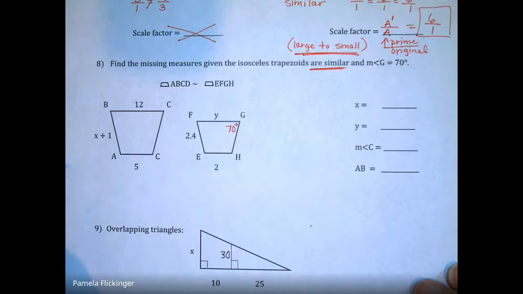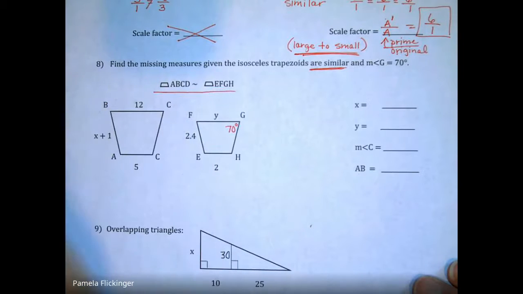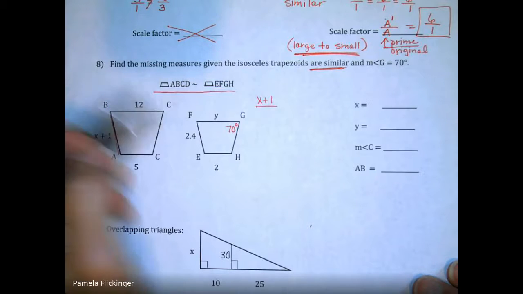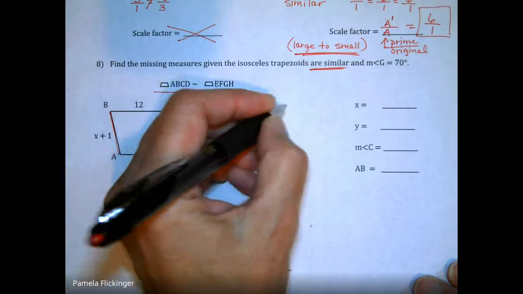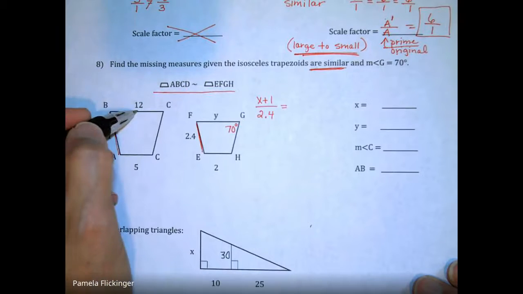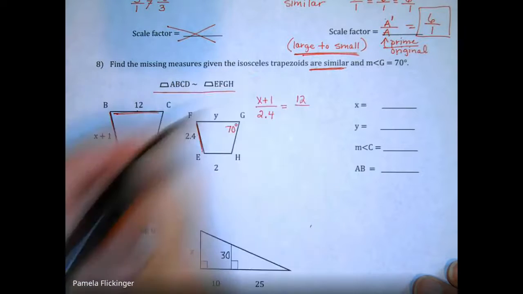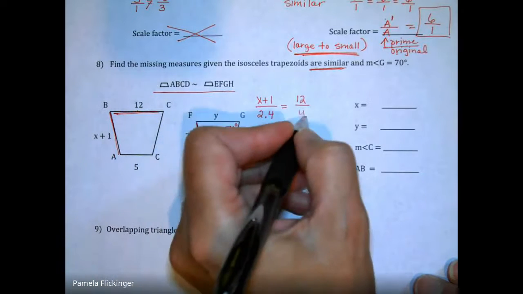So let's solve for our variables first. Here's my similarity statement. I know side AB, the x plus 1, is going to go with side EF, which is the 2.4. I'm going to work my way around. I know the 12, which is BC, is going to go with FG, which is y.